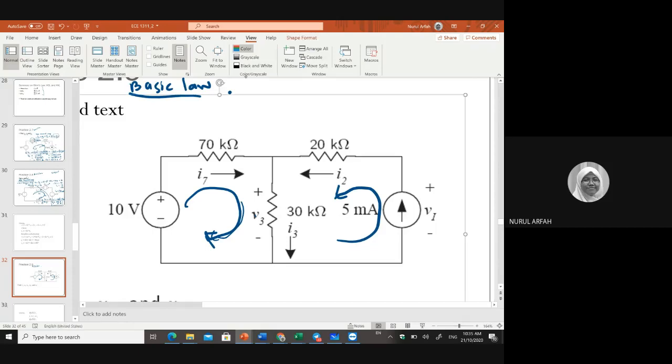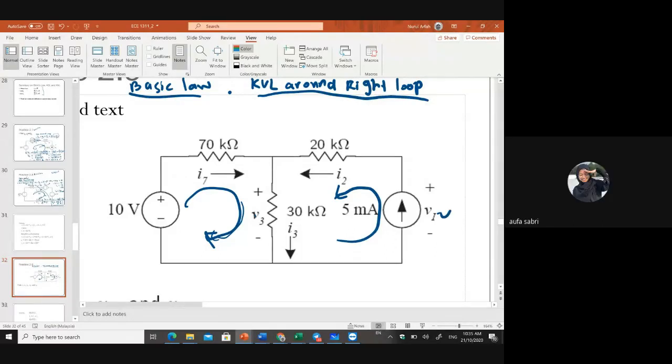Now, what is KVL around the right loop? Start with V_I. Negative V_I, then plus I2 times 20K, then plus V3, equal to 0.